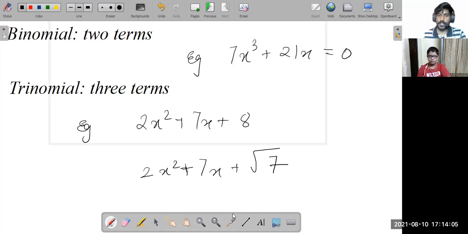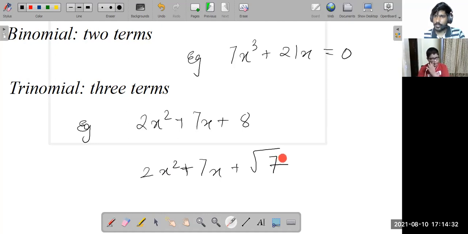That is fine. But what you have to keep in mind is that the power of the variables should only be whole numbers. But here this root is not for the variable. It is just for the number.